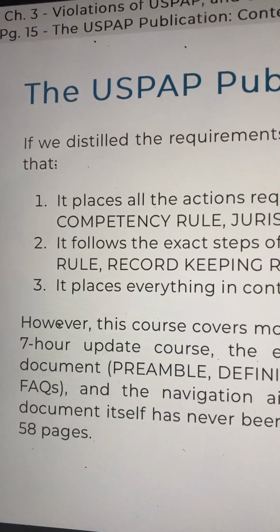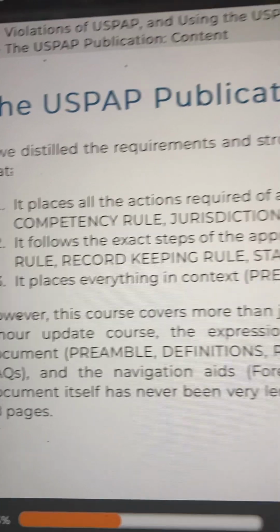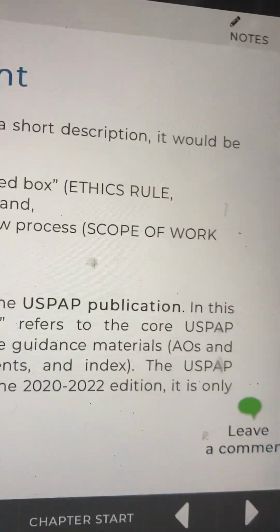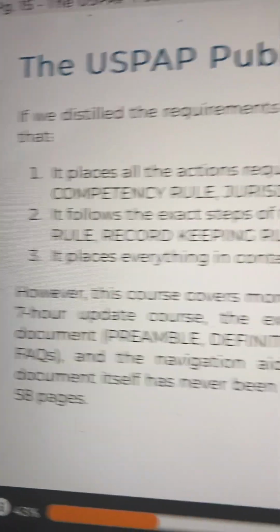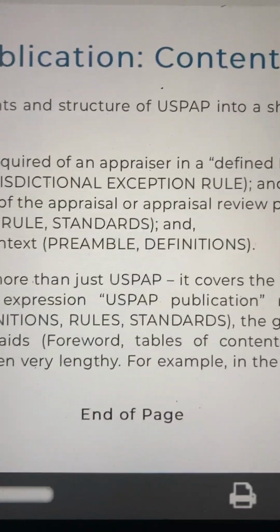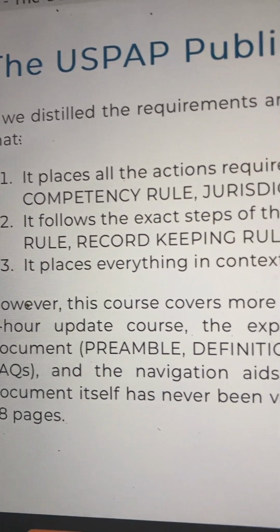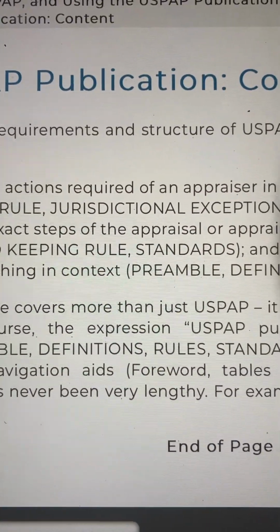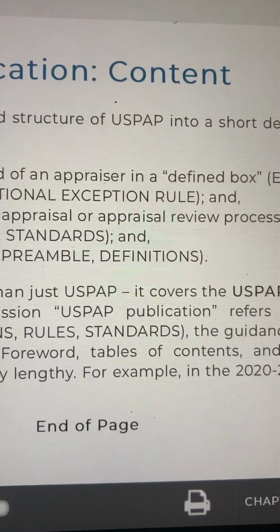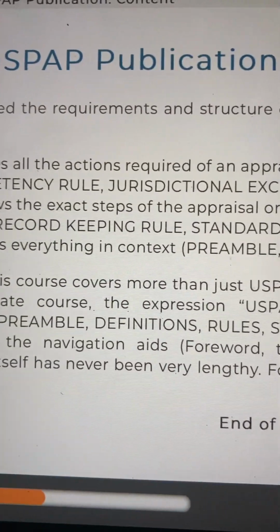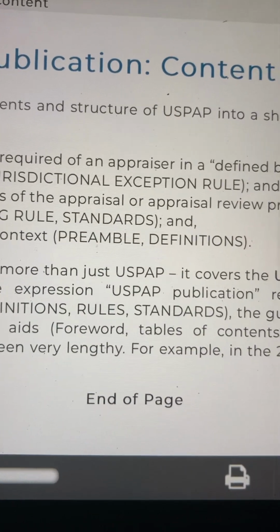Number two, it follows the exact steps of the appraisal or appraisal review process: scope of work rule, record keeping rule, standards. And number three, it places everything in context: preamble, definitions.